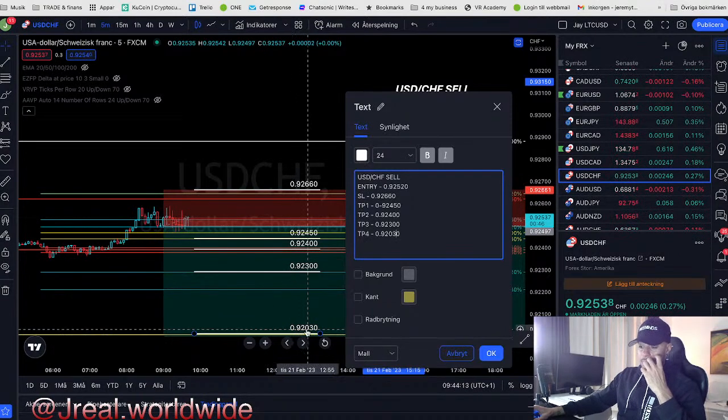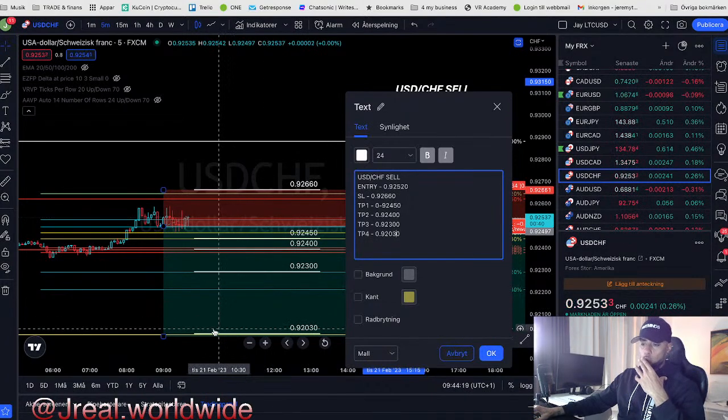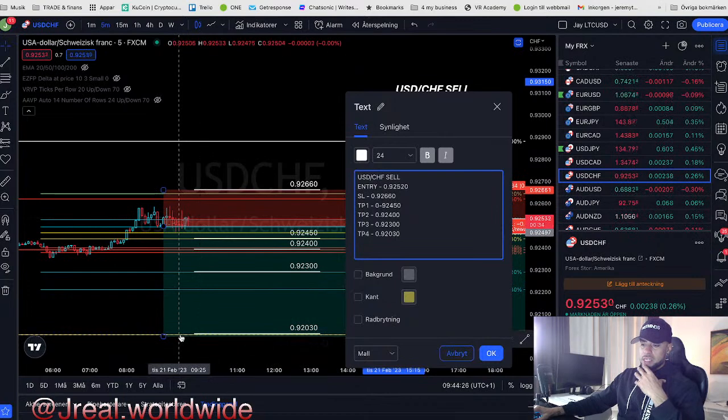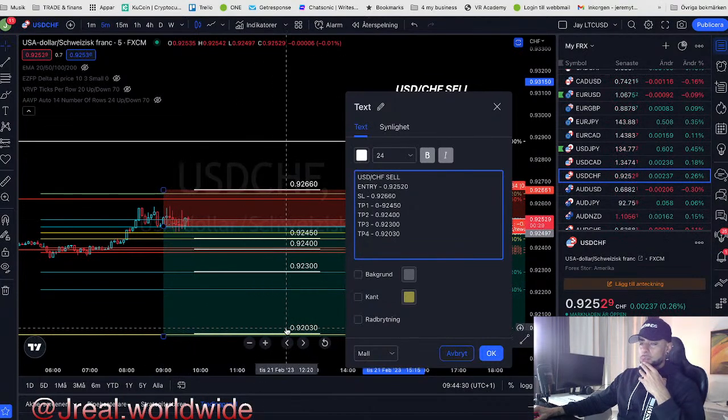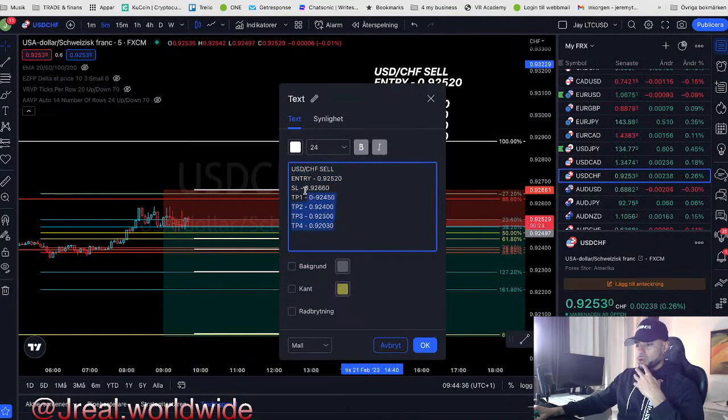Because the market makers, those that run, control or manipulate the market, know that a lot of people have their take profits at 0.92 even. So they are going to want to play with those people and leave it just short, and reverse the market just above it.